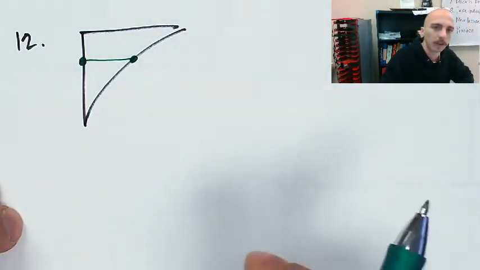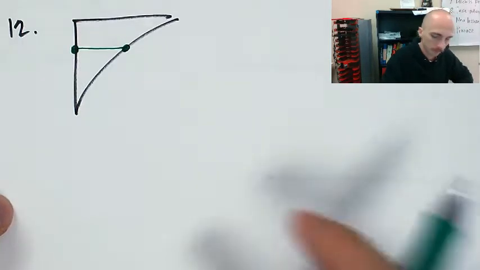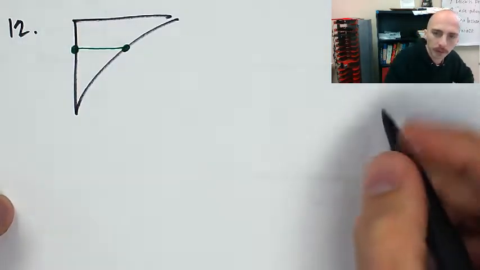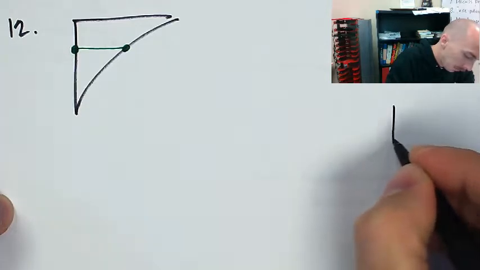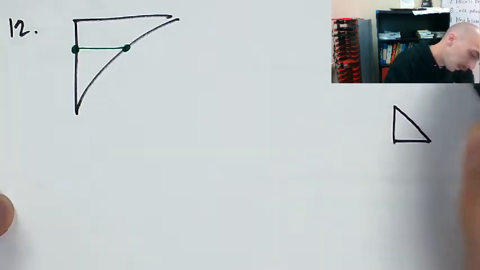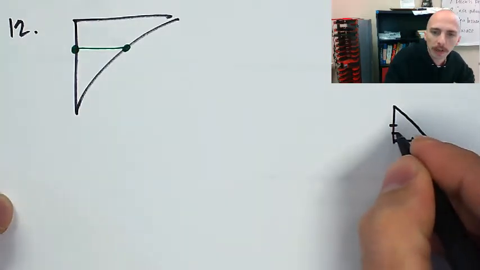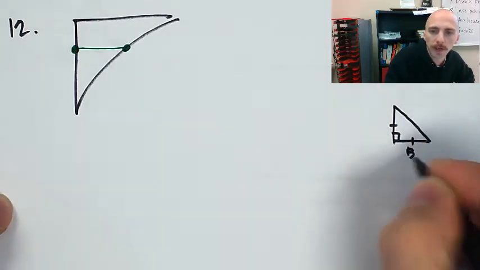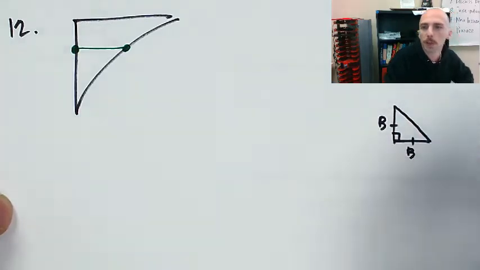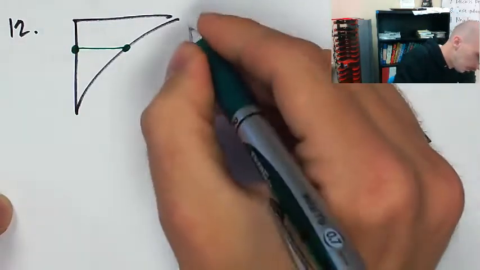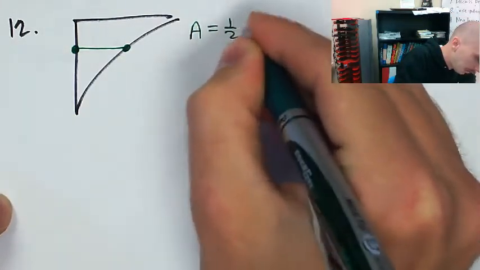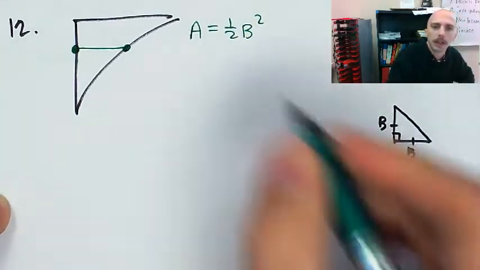I don't know if I went through in the lesson and gave you this, but an isosceles right triangle is, those are equal, and it's 1/2 base times height, so if this is base, that's also base, it's 1/2 base squared. So the area of an isosceles right triangle is 1/2 times b times b.